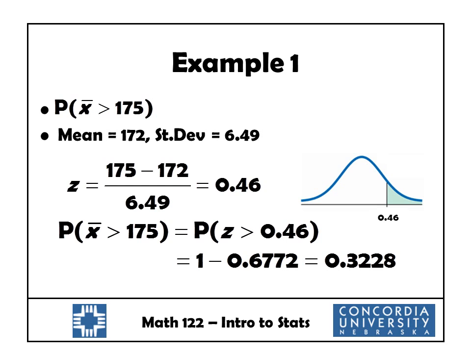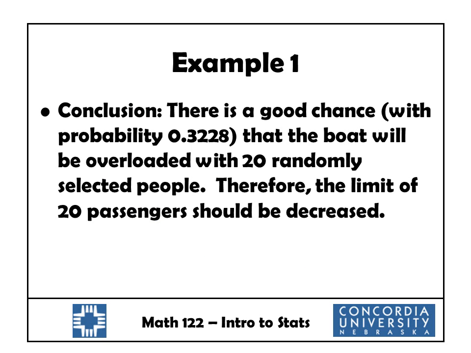I go to my z-score table, the area to the left is 0.6772, subtract that number from 1, and I get my probability there, 0.3228. So there's my answer. The probability that the mean weight of 20 randomly selected people is greater than 175 is 0.3228.